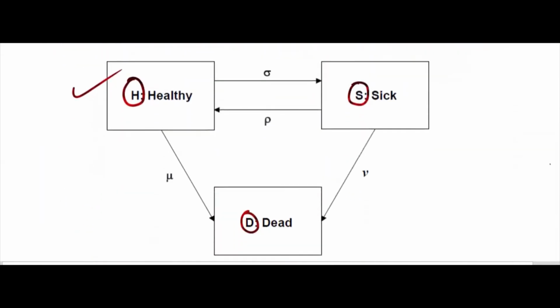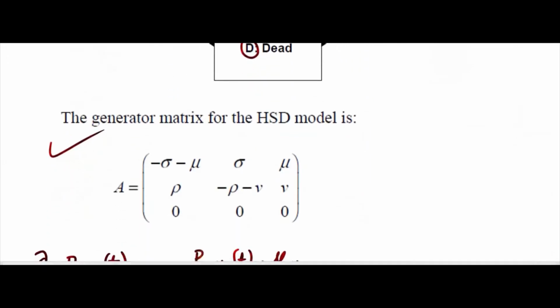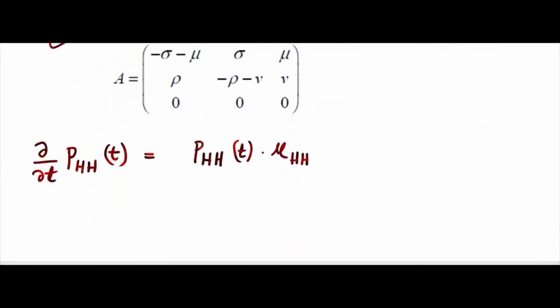So let's explore all. The diagram also I copied. See, mu also exists for this one, minus sigma minus mu. We'll write that here, not a problem. So you have to explore all possibilities here. Somewhere there is a 0. When it comes to problem, you will be able to know, but wherever there is a possibility, you are supposed to write. So when you try to write each one by one, you will get all the possibilities.